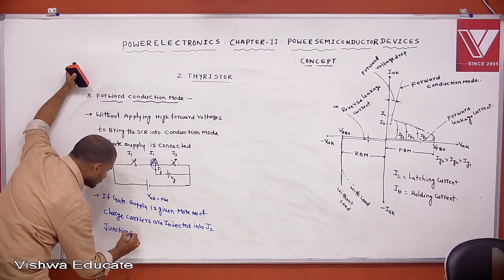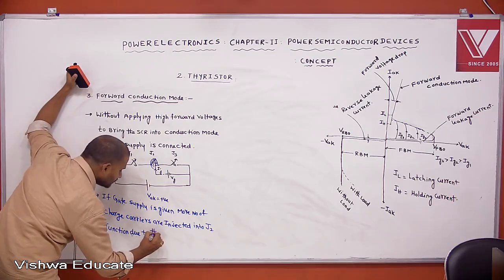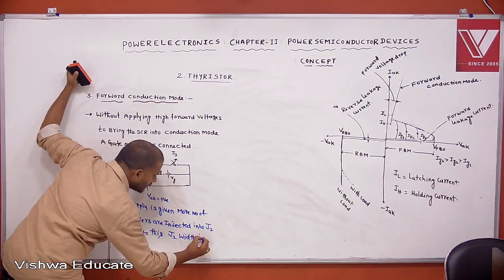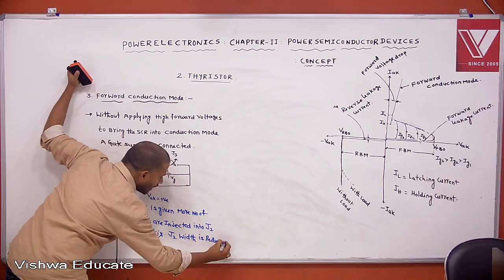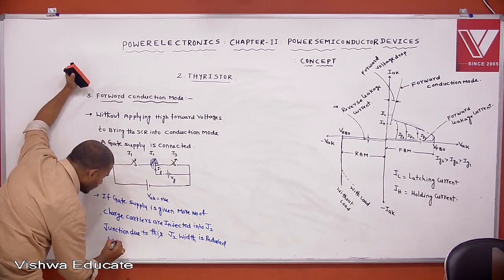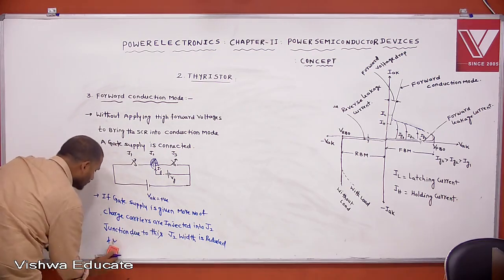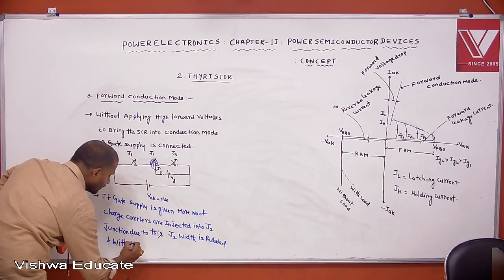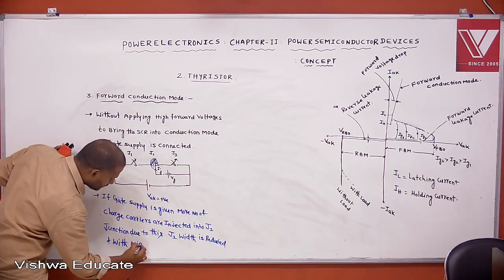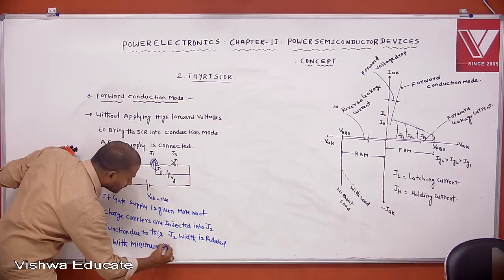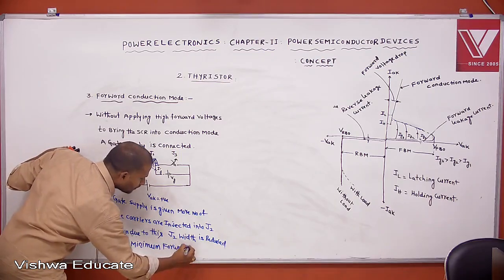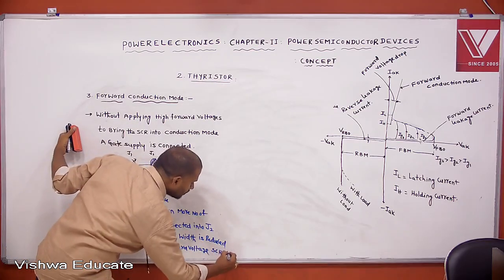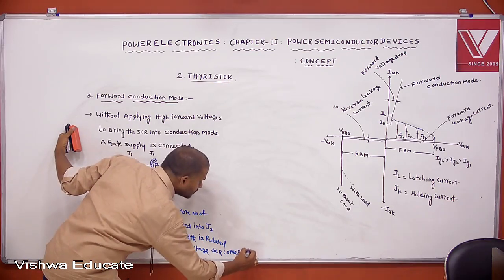Due to this, J2 width is reduced, and with minimum forward voltage, SCR comes into which mode?